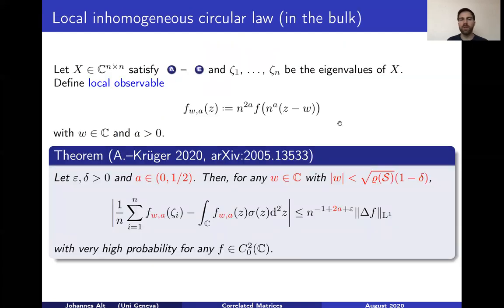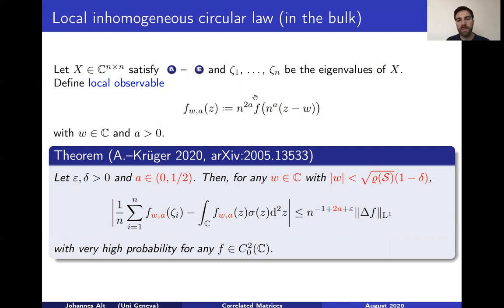As I told you before, we also have a local version of the inhomogeneous circular law. So that's the local inhomogeneous circular law. For X, we assume the same conditions A up to E as before. And now we look at local observables. The local observables are called f_{w,a}. They will replace the f that we had before. They arise as follows.